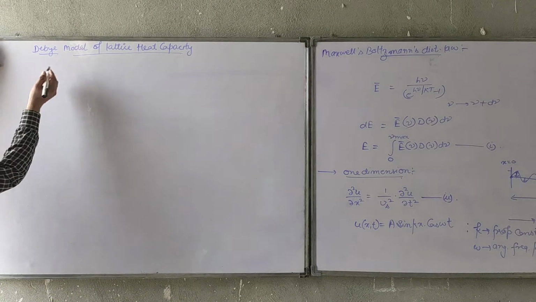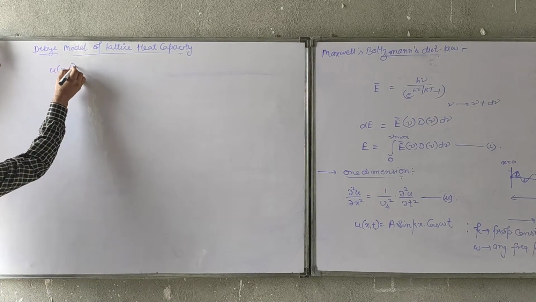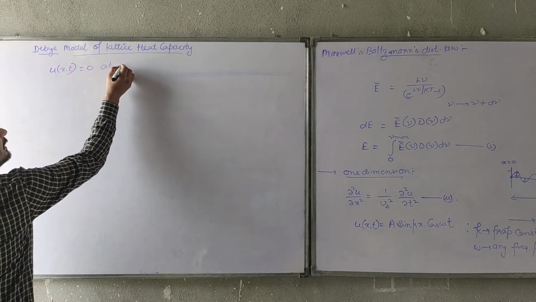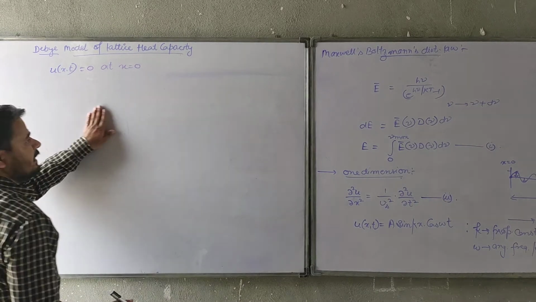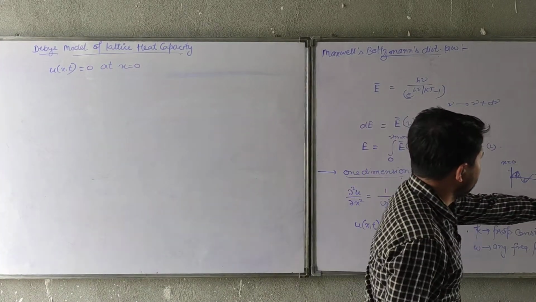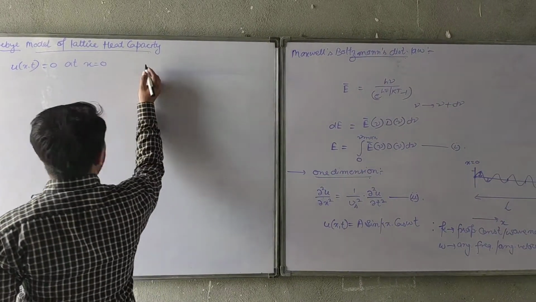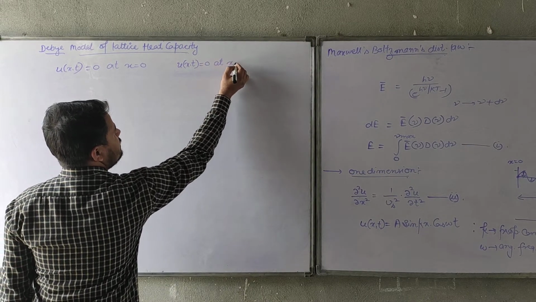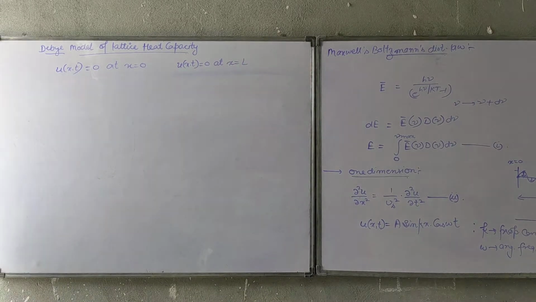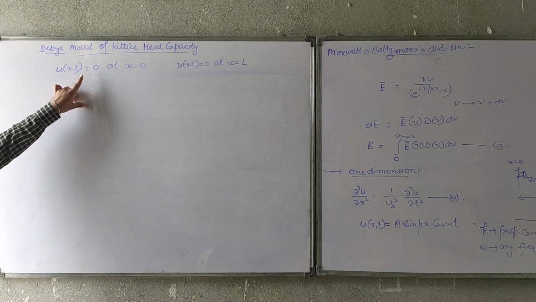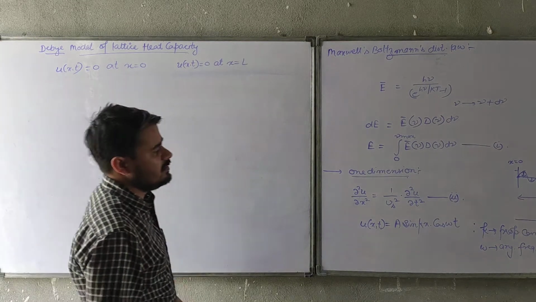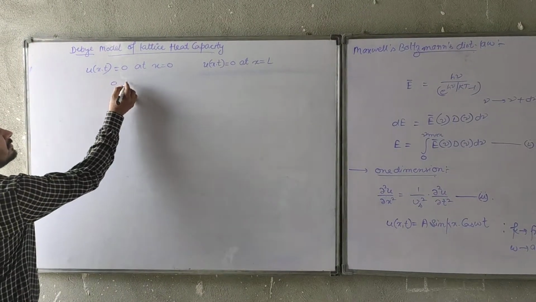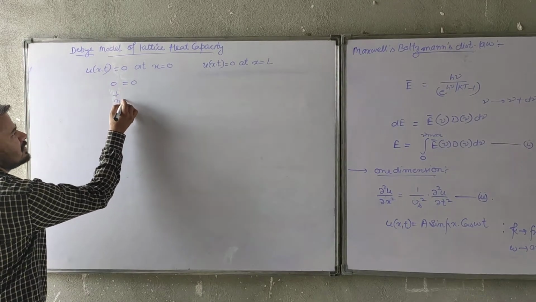We have two boundary conditions: displacement u of x comma t equals 0 at x equals 0, and the second boundary condition is u of x comma t equals 0 at x equals L. If we apply the first boundary condition, that is displacement is 0 at x equals 0, it implies 0 equals 0. That is no solution.